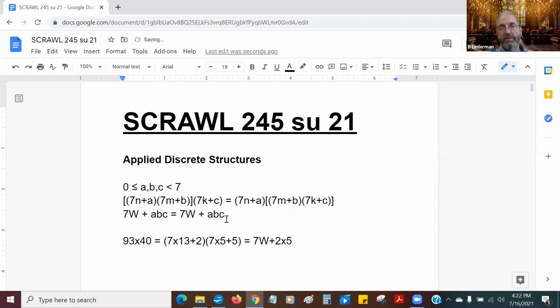So really all that matters, in mod 7, is 3 mod 7, because 2 times 5 is 10, and 10 is the same thing as 3 plus 7. So all that really matters is the remainder, because everything else is going to have 7s in it, and it's all going to disappear. And that's kind of really this.